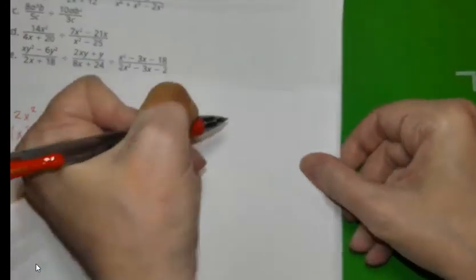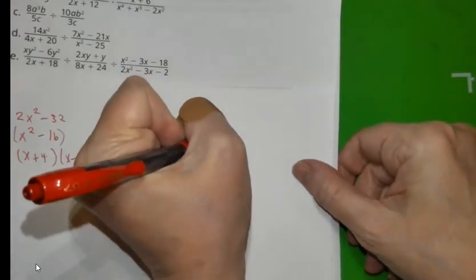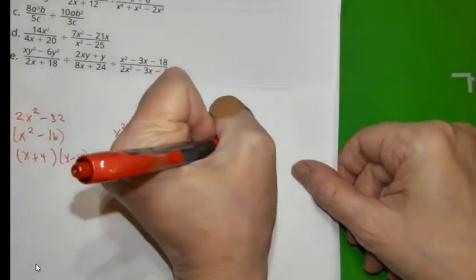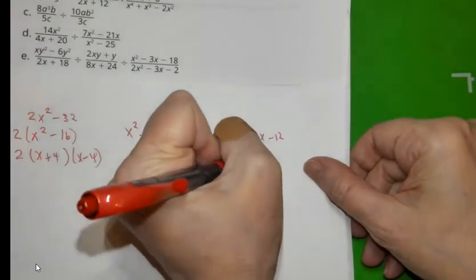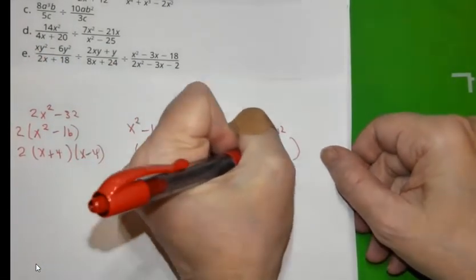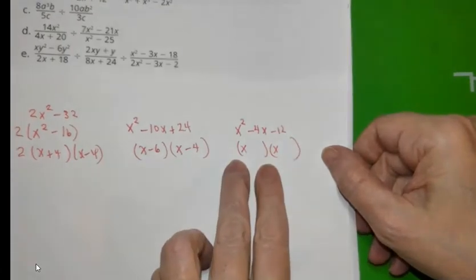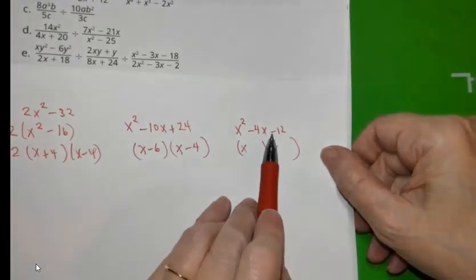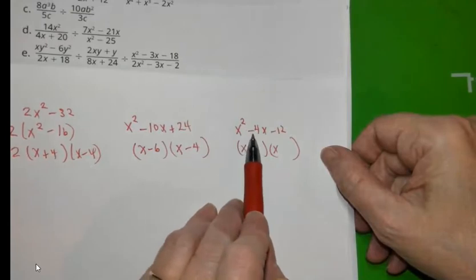All right, the next one was x squared, on the top on the right, minus 4x minus 12. For reverse FOIL, I'm going to use x times x, which is x squared. I need a product of negative 12, and I need my x's to add up to negative 4x.